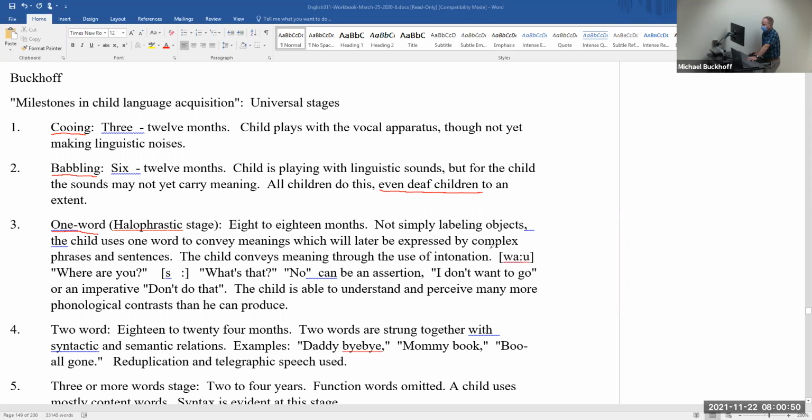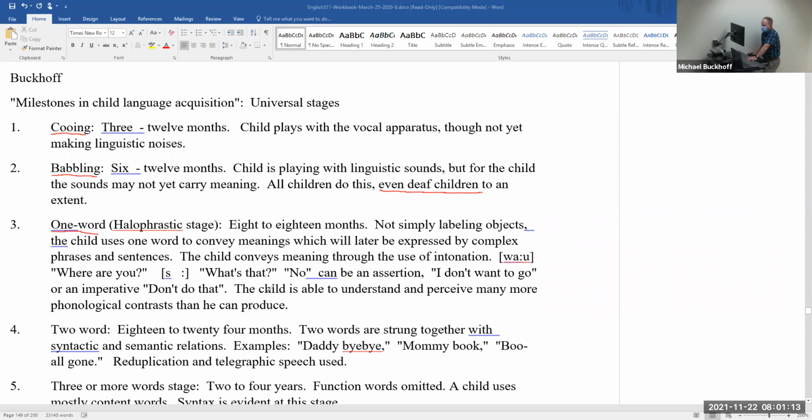The child says, "Wow, wow, where are you?" or "What's that?" Or "No" can be an assertion, or "I don't want to go," or an imperative, "Don't do that." So the child can use one word to do different types of speech acts.